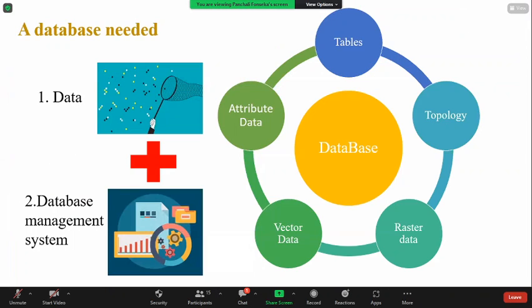If you're going to collect data and handle it with GIS, then you need to have a very good database. A data item is a single unit of information, and the collection of data is what we call information. We need a database because if we store our data within a database, we can retrieve and manipulate data very systematically, and we can use it for spatial analysis using some algorithms.